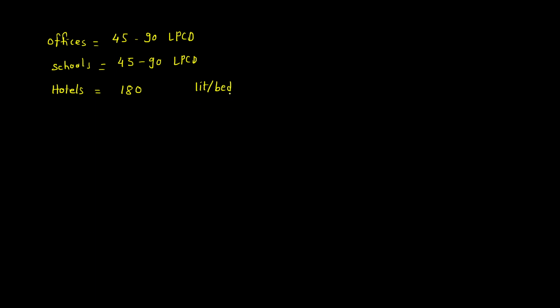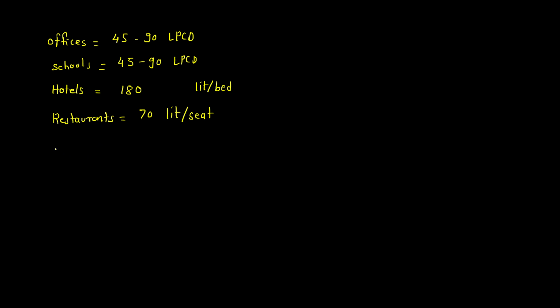So if there are 2 beds, then it will be 360 liters that is required. Then restaurants, for restaurants it is 70 liters per seat. So what is the seating capacity? If you multiply it, you will get the total demand from restaurants.